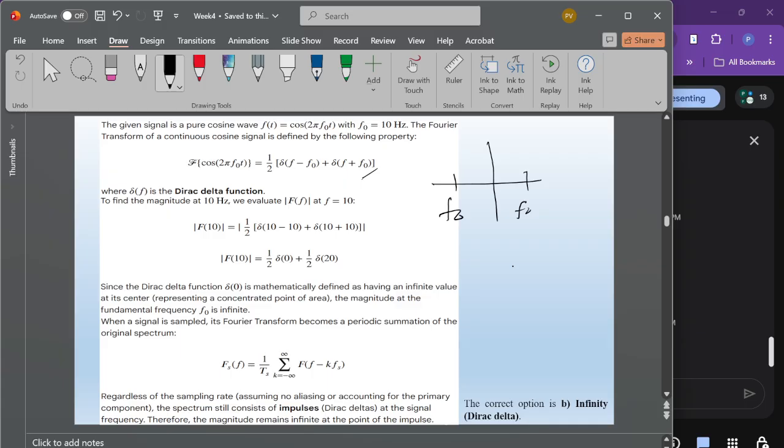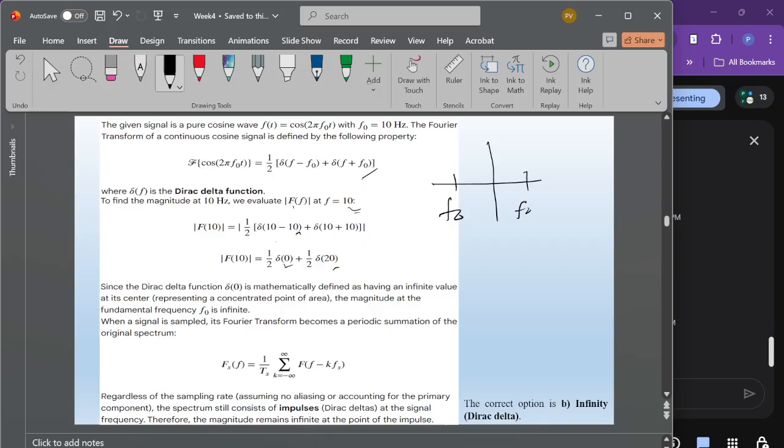To find the magnitude at 10 hertz, we evaluate the magnitude of F at f equal to 10 hertz in the frequency domain. Putting in this formula, you get 1 by 2 delta(10 minus 10) plus 1 by 2 delta(10 plus 10), that is 1 by 2 delta of 0 plus 1 by 2 delta of 20.